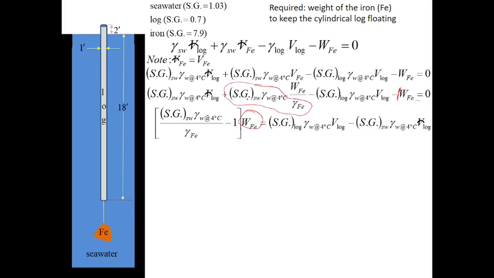So, itong part na yan, specific gravity, seawater, ito yun. Unit weight of water over unit weight of iron, minus 1. Kasi minus 1 doon. Pinactor out ko. Alam niyo naman yun sa algebra, right? So, factoring. So, that is fundamental in algebra.